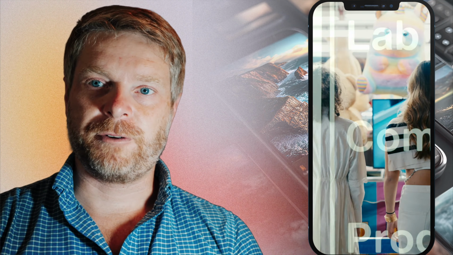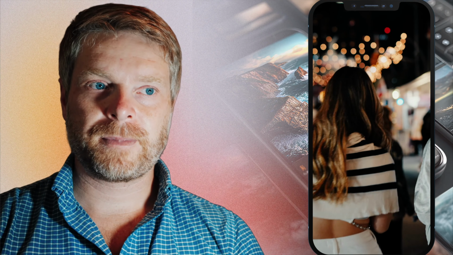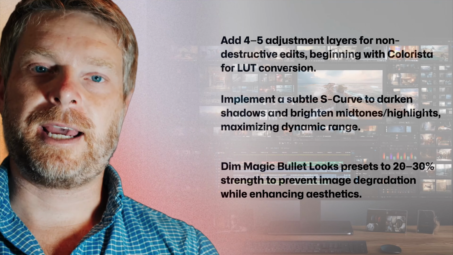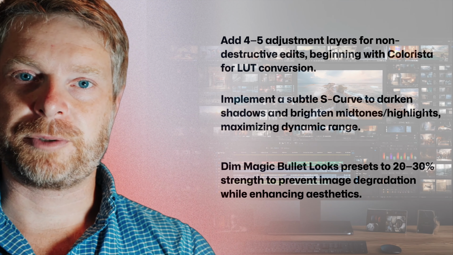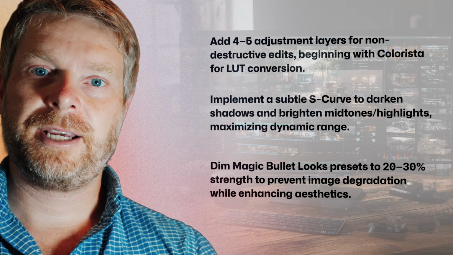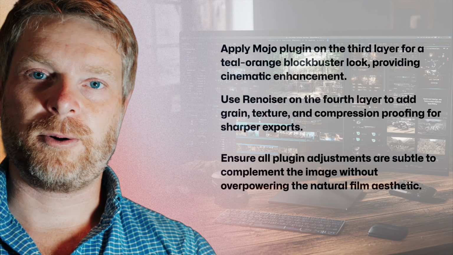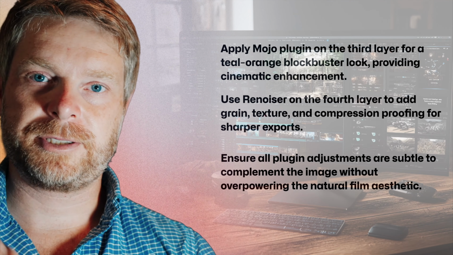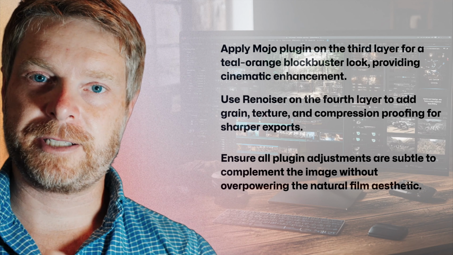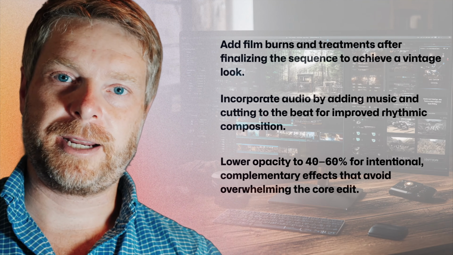In this video, I walk through different aspects of my post-production workflow, and particularly how I shot this video for Instagram with 2 models at the CNE here in Toronto. And then I talked about how I usually add 4 to 5 adjustment layers and use Magic Bullet Looks as well as Mojo and Renoiser to get the best image, and how to use Colorista to create a LUT so that you can convert from a flat to a Rec 709 color space.